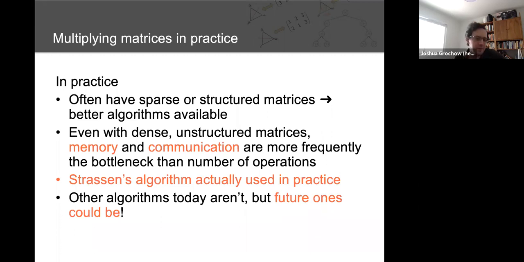Nonetheless, Strassen's algorithm is simple enough that you can use it in practice. So when the matrices are big enough, you can actually use it. But essentially all of the other algorithms that I'm going to mention in this brief history are not. They have very large hidden constants, and the memory and communication issues kill them. But the point is, Strassen's algorithm is usable, and so in principle, future ones could also be.